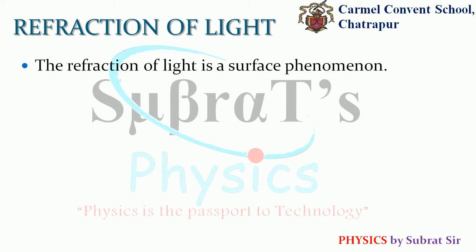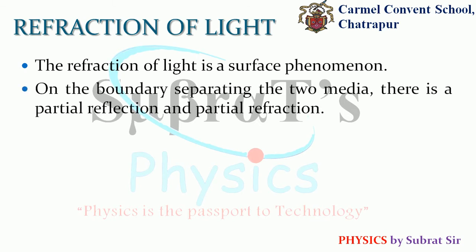On the boundary separating the two media there is a partial reflection and a partial refraction. Suppose this one is the surface, and a light beam is incident in this direction. Then there will be a partial refraction through this one, and a partial reflection like that.